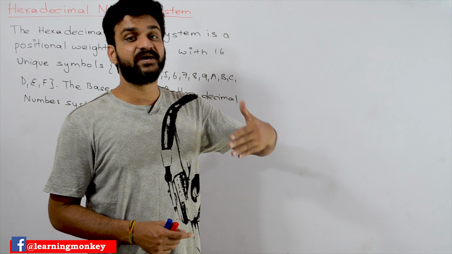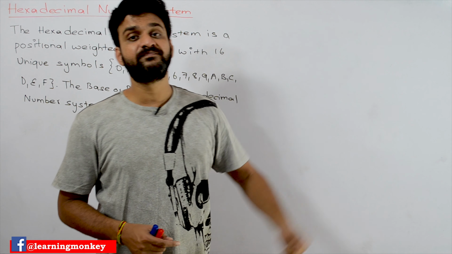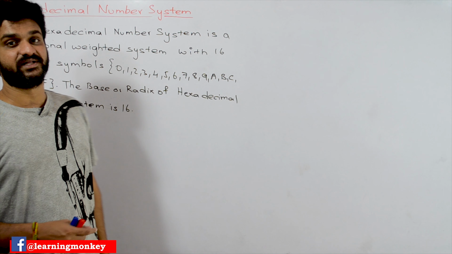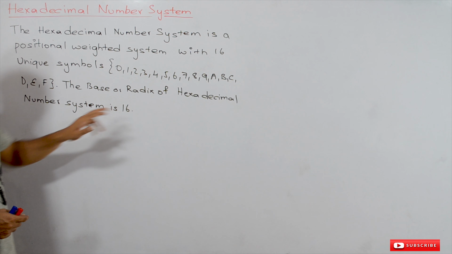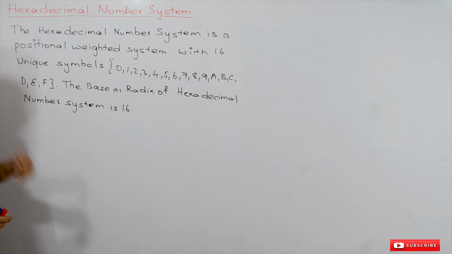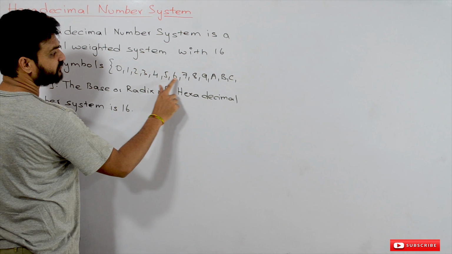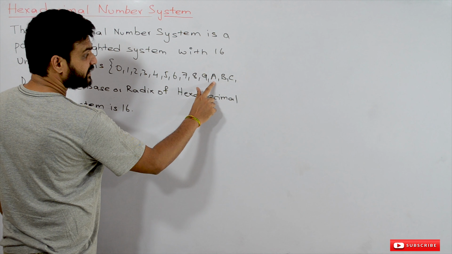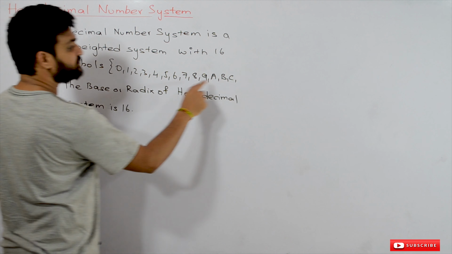So any number you take in the hexadecimal number system is going to use some of the 16 unique symbols. The base or radix of the hexadecimal number system is 16, and the unique symbols used are 0, 1, 2, 3, 4, 5, 6, 7, 8, 9, A, B, C, D, E, F. So what are these A, B, C, D, E, F?